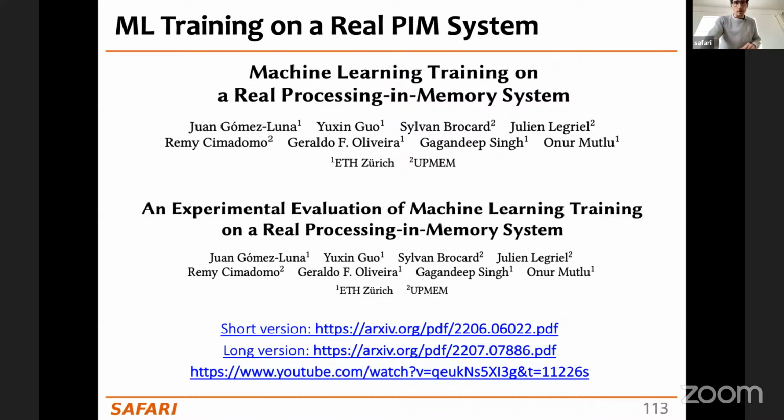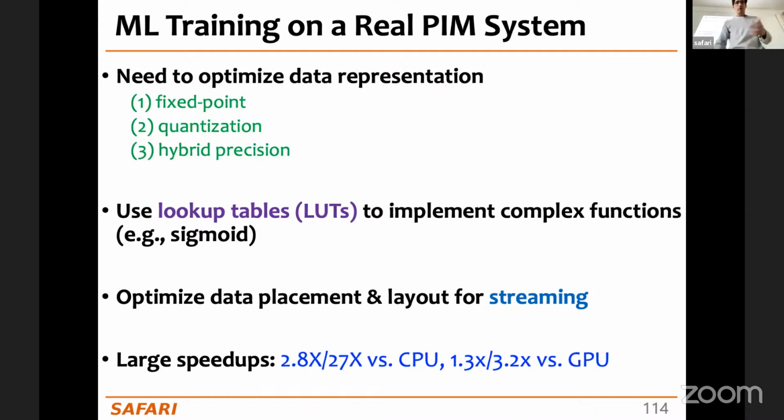This is a more recent work where we implemented 4 classic machine learning algorithms: linear regression, logistic regression, decision tree, and k-means for the UPMEM PIM architecture, analyzed the system, and came up with observations about potential optimizations that make the algorithms more suitable to this PIM system. We observed interesting performance improvements with respect to the CPU and the GPU for at least 2 of the algorithms.